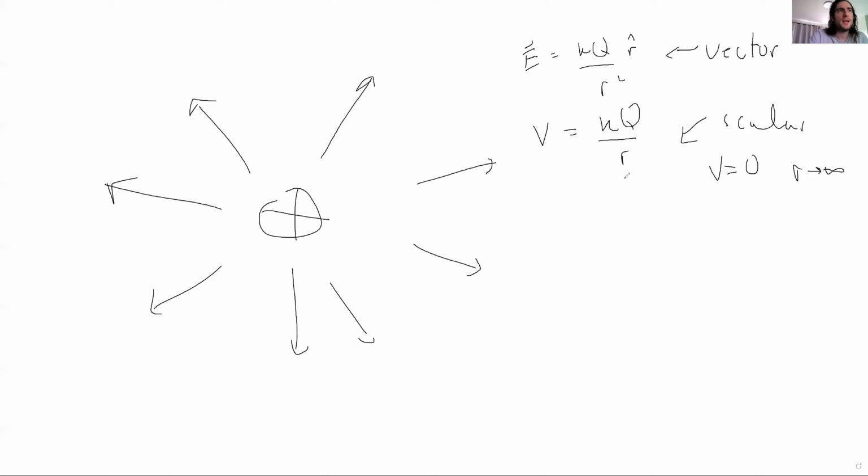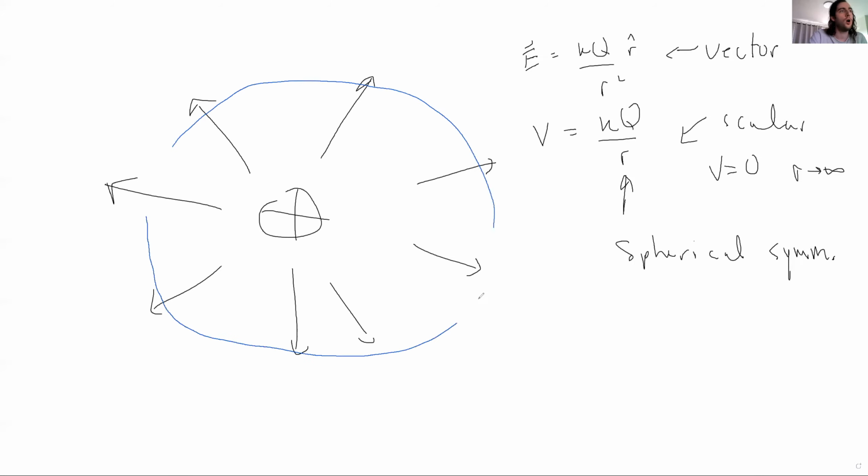And so since the potential depends on r, we have spherical symmetry, right? We would expect that because we have a spherically symmetric electric field, right? And so there are surfaces of constant radius around this charge which all have the same potential.